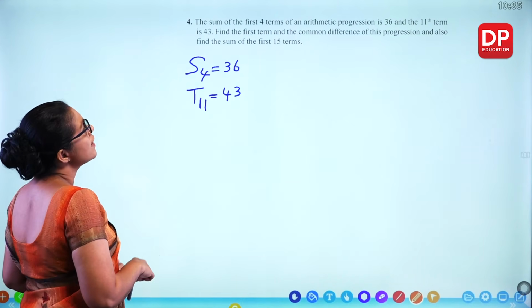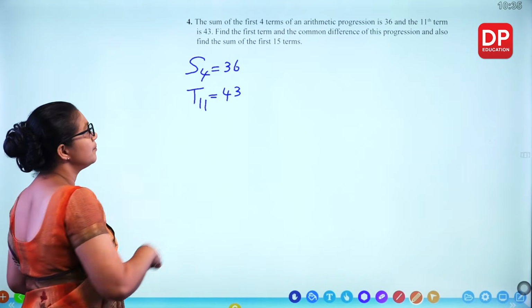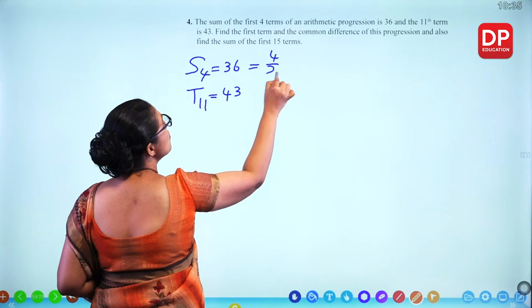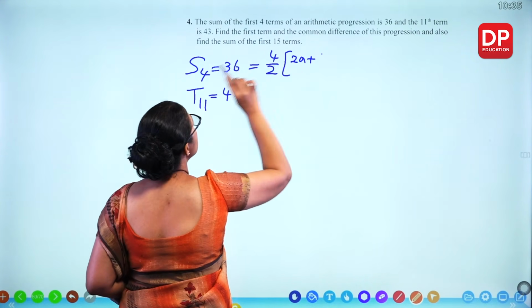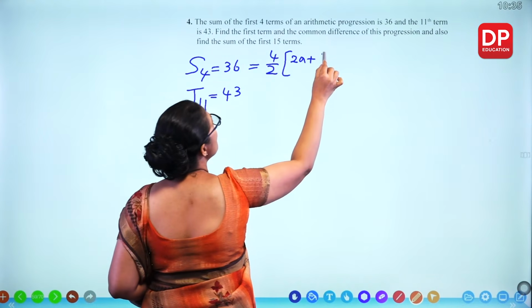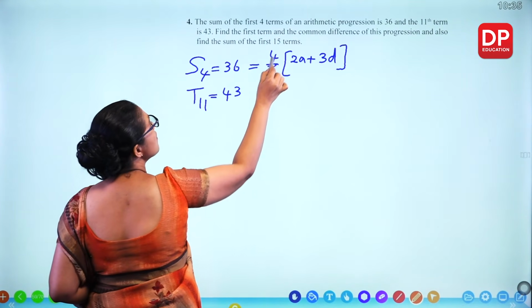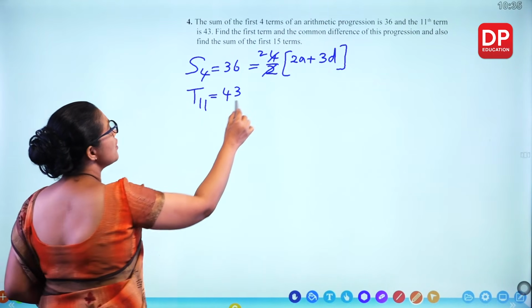S4. Can we write down a formula in terms of A and D? 4 over 2, 2A plus n minus 1, that's 3D. 2 and 4 get cancelled out. What about 11th term?